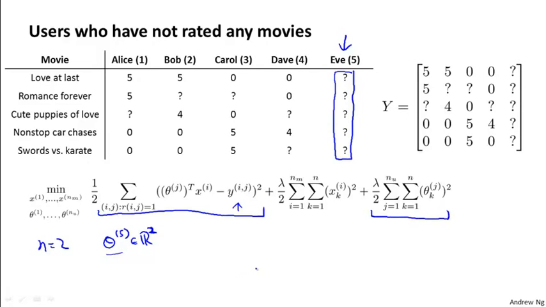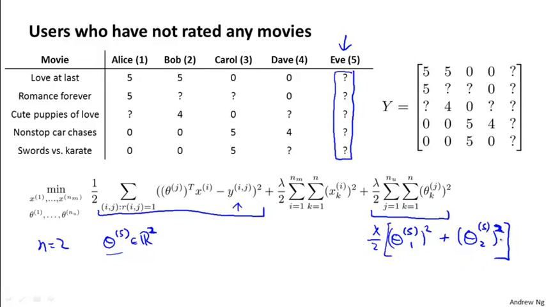And so we're saying that we want to choose vector theta 5 so that the regularization term is as small as possible. In other words, we want to minimize lambda over 2 times theta 5 subscript 1 squared plus theta 5 subscript 2 squared. That's the component of the regularization term that corresponds to user 5.